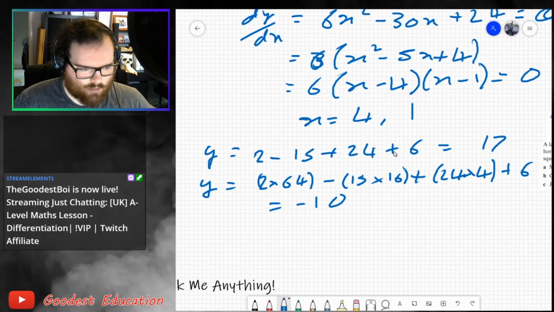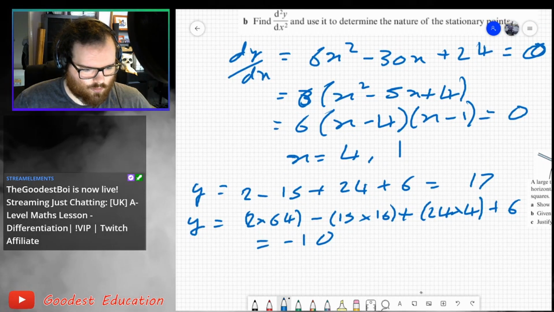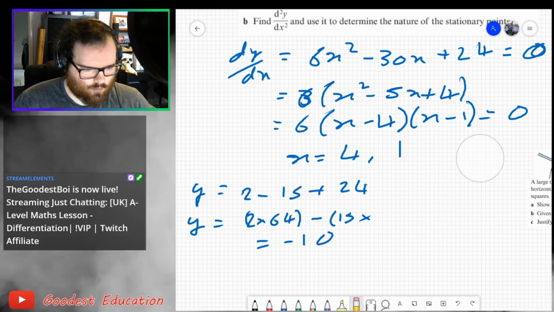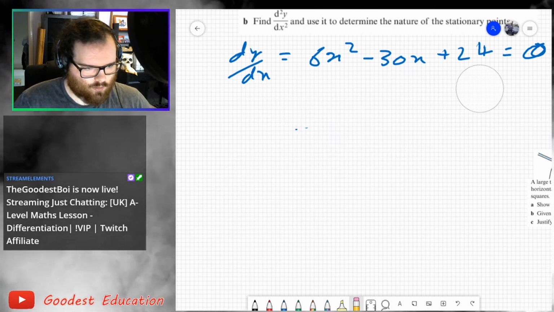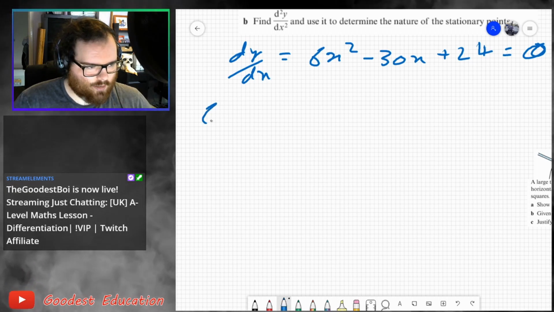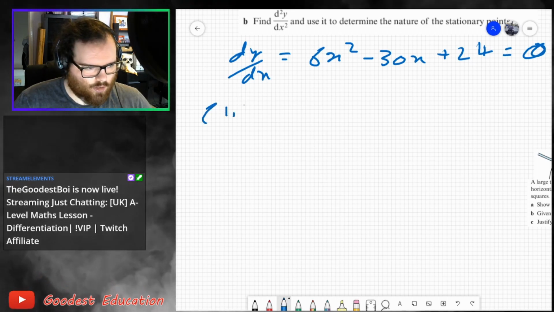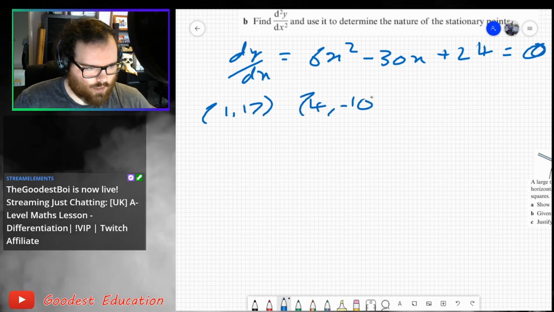So the stationary points are at (1, 17) and (4, minus 10).